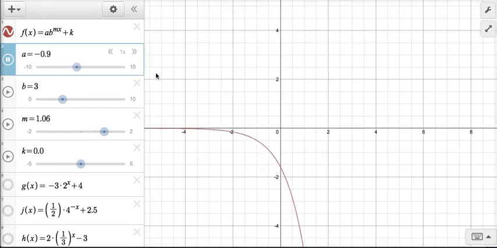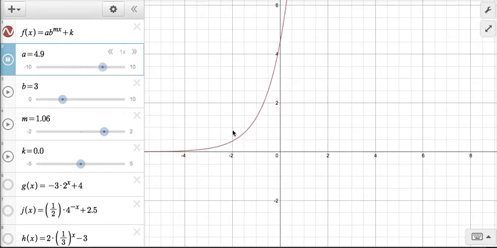So it's facing downwards. Watch this. Now it's positive, so it faces upwards. So that's what A does. It changes whether it reflects above or below the asymptote. Notice what I said. It changes whether it reflects above or below the asymptote.